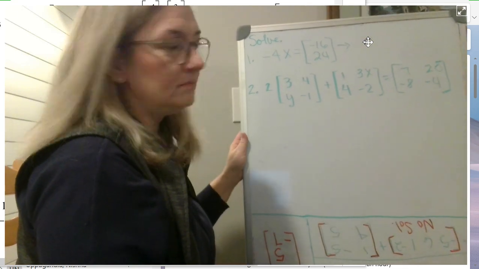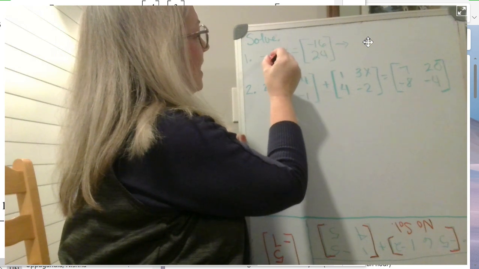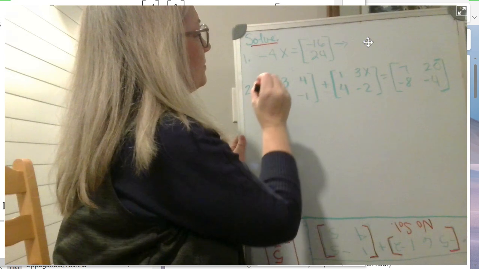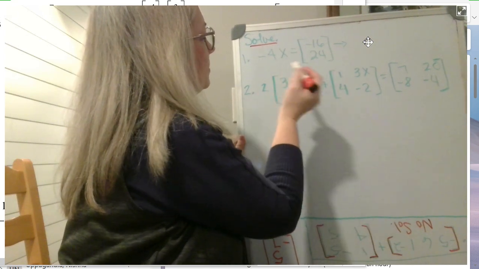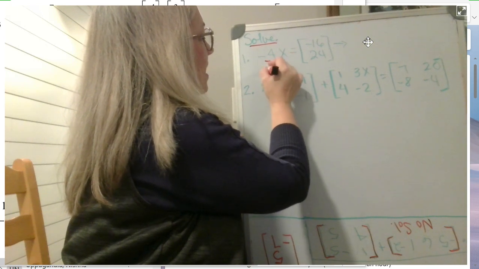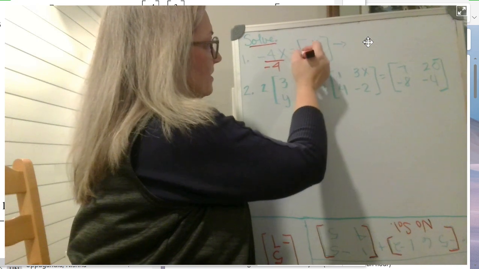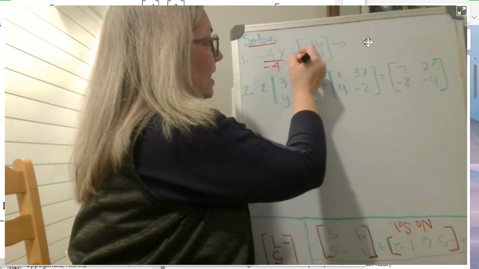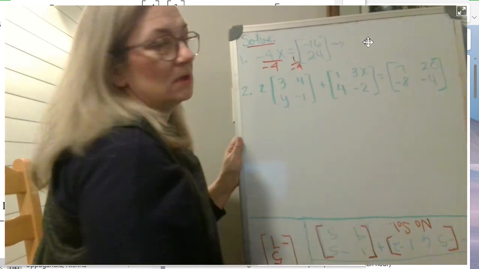There we go. Okay, so on this one, this says -4 times x. This is the first two examples for solving. We have -4x equals this. Normally what we would do is divide by -4. I don't like to do it that way; it's multiplying by 1 over -4.